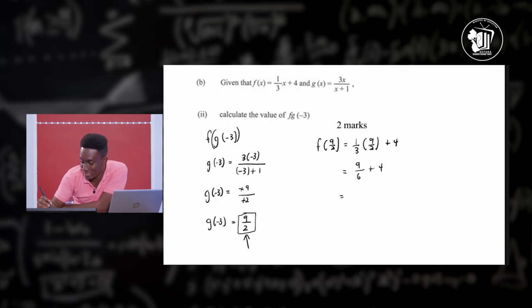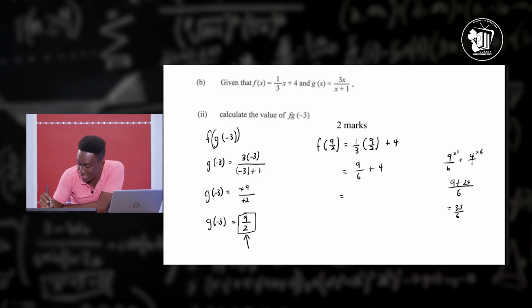We can work this out with our calculators, or we can just do it right here. So let's practice some fractions. We have 9 over 6 plus 4. The LCM of the denominators would be 6. The 4 is like 4 over 1. 6 into 6 is 1, you multiply the 9 there. 6 divided by 1 is 6, multiply that by 4, which is 24. Hence 9 plus 24 would be 33 over 6.